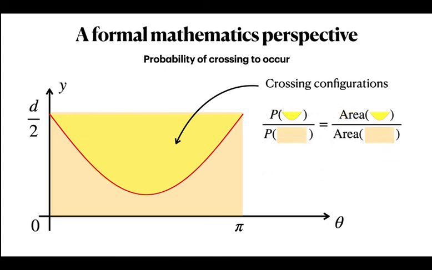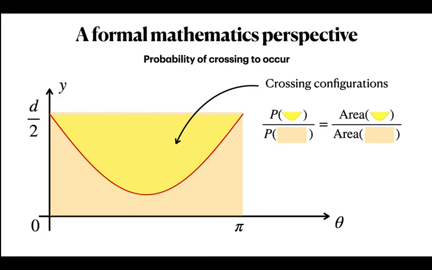So the ratio of the probability for the configuration to be in the yellow area, which is about crossing configurations, over the probability for anything to occur, any of the possible outcomes, is equal to the ratio of the corresponding areas.